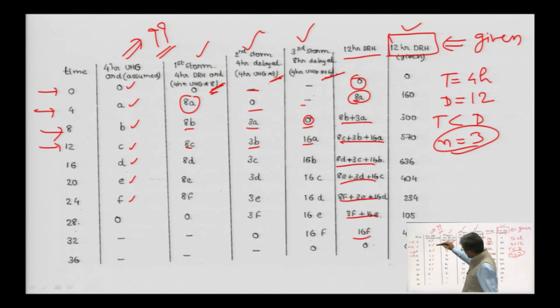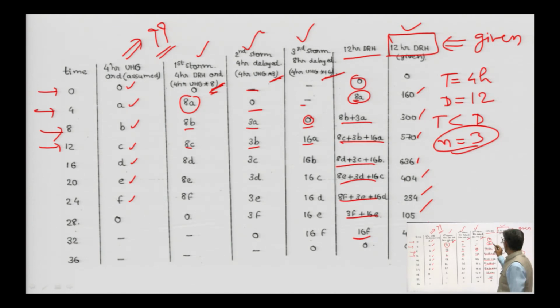How many parameters have we assumed? 1, 2, 3, 4, 5, 6 parameters. So we need 6 equations to solve for these parameters. How many ordinates of the DRH do we have? 1, 2, 3, 4, 5, 6, 7, 8, we have 8 equations, and 6 parameters to calculate. So it is very easy. A will be calculated from here.